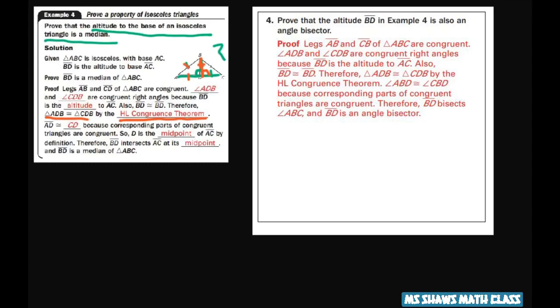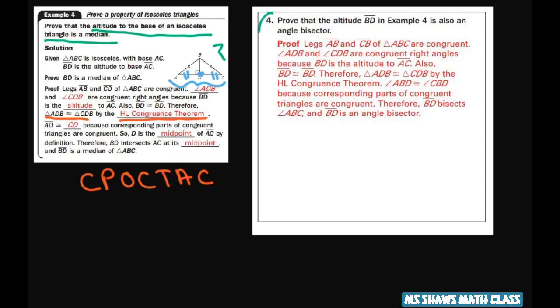All right? So since they're congruent, all the sides and angles are congruent, because corresponding parts of congruent triangles are congruent. So that means D is the midpoint, because by definition these two sides are congruent. Therefore, BD intersects AC at the midpoint, which is the definition of a median.